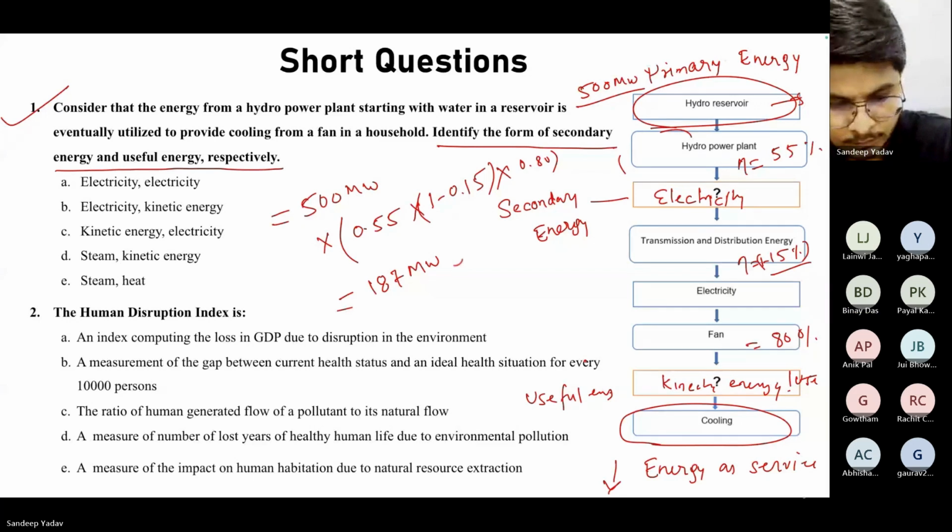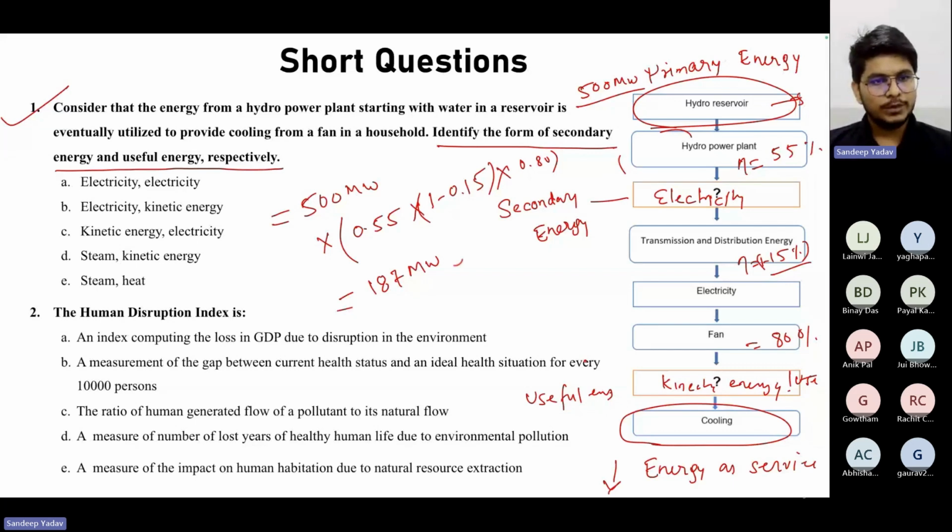Yes, sir. Now moving to question number 2, what is the human disruption index? So here are the options. I've already explained this in the class. An index computing the loss in the GDP due to the disruption in the environment. No, we didn't add any economic impact in the human disruption. A measure of the gap between the current health status and the ideal health situation for every 10,000 persons.